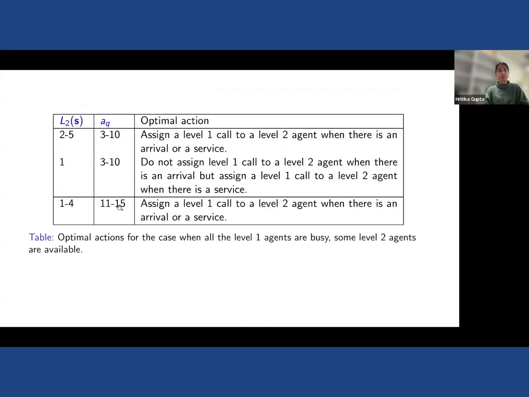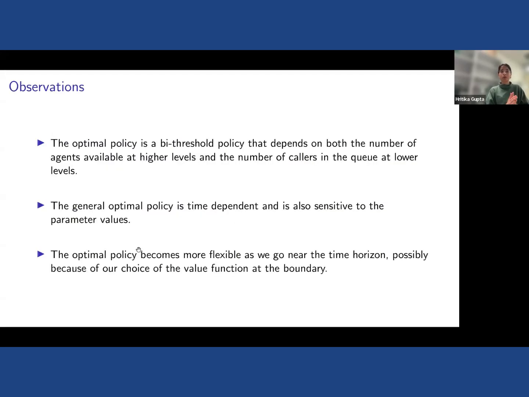So say if there are 11 to 15 callers waiting in the queue, there are way too many waiting, so you assign a level 1 call to a level 2 agent when there is an arrival or a service. So all in all, the observation is that the optimal policy is a bi-threshold policy that depends on both the number of agents available at higher levels and the number of callers in the queue at lower levels.